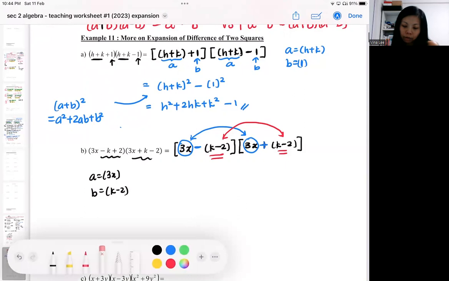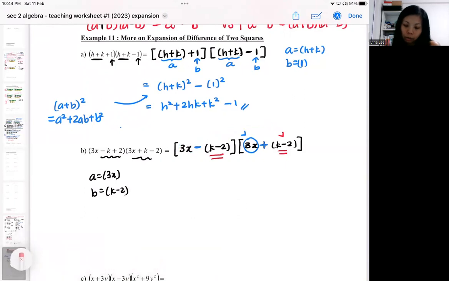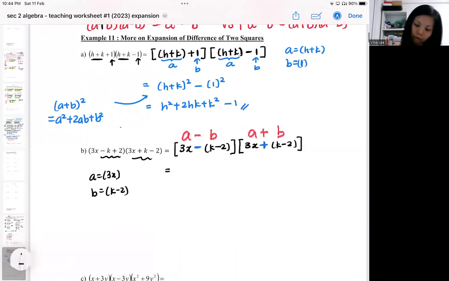Okay, so look carefully first. You should be able to see that after you factorize, it looks like A minus B, A plus B. But this one requires you to factorize out the negative one. So it's a little bit more tricky. So I'm going to apply the formula. So that will be 3x squared minus this.